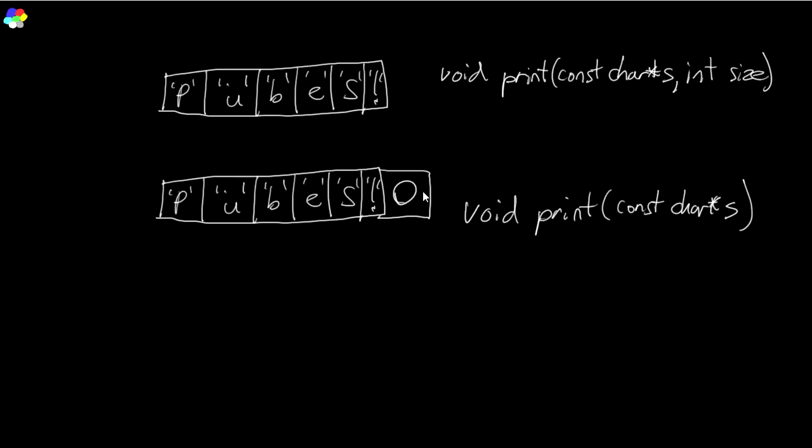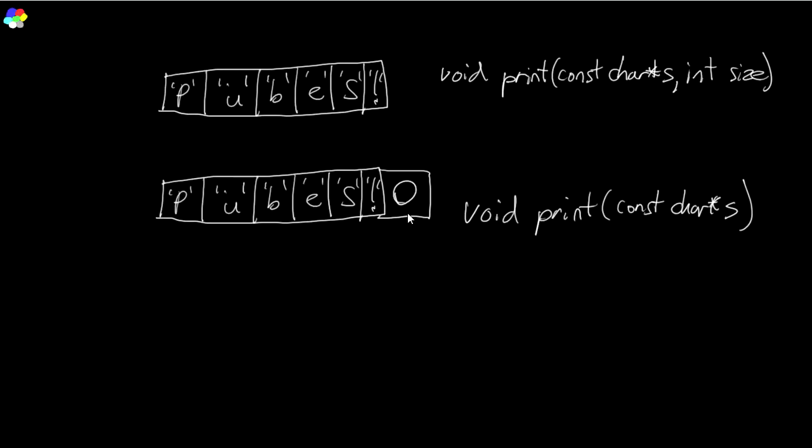If we do it like that, then we don't have to pass in the size. All we do is pass in a pointer to the beginning of the array, and that's all we need. The function will just print everything until it reaches the special end of string character, and then it says, okay, this is the end of the character array, the end of the string.